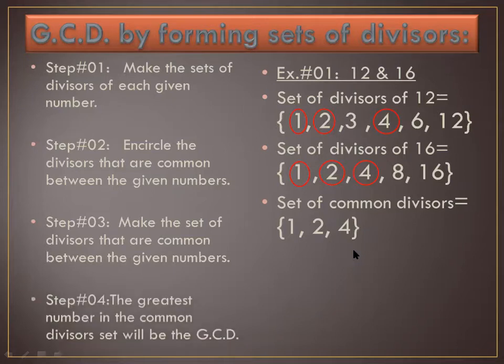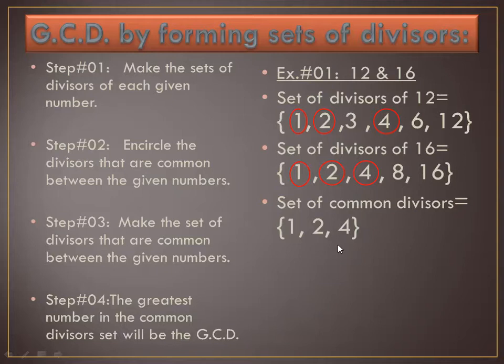In the last step, the greatest number in the common divisor set will be the GCD. You have three numbers, 1, 2 and 4, and they are the common divisors, but in this set you have to find the greatest one.